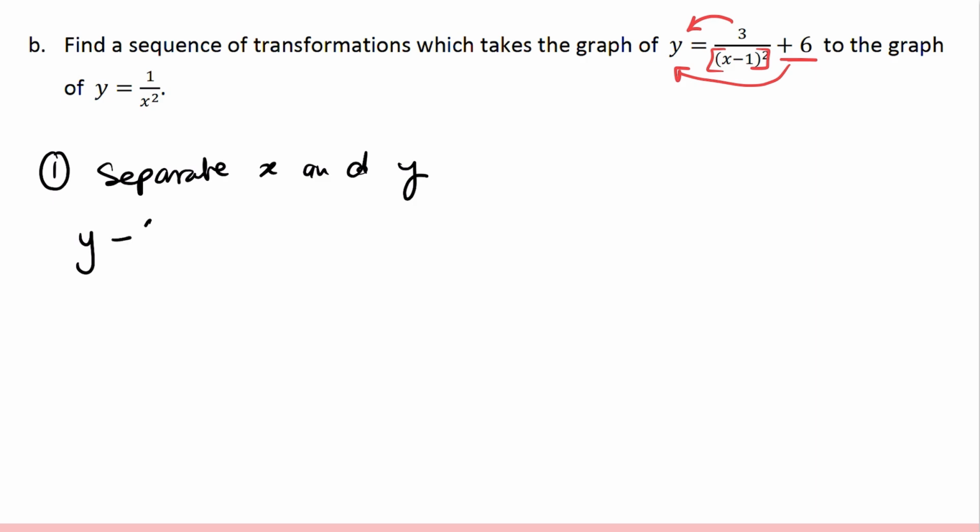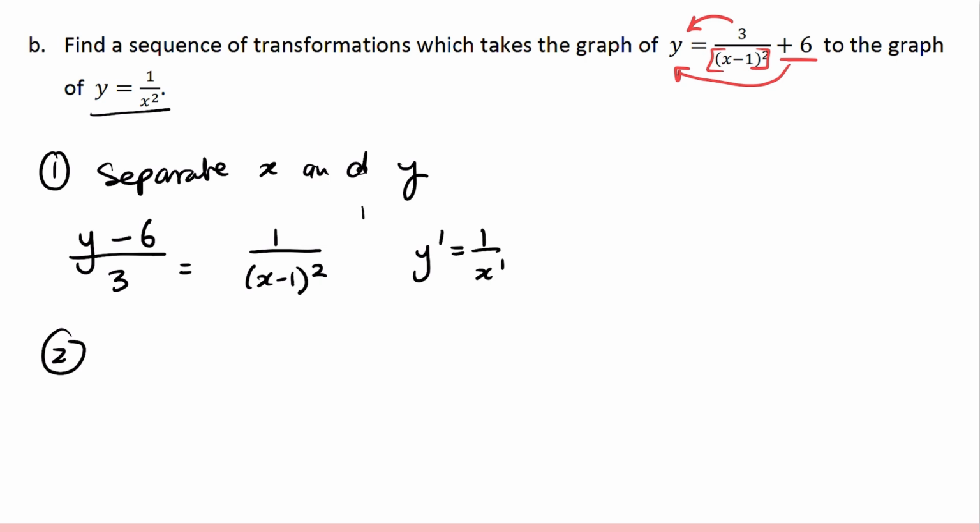So that's y minus 6 divided by 3 is equal to 1 x minus 1 squared. So that's now been separated, all the y's on one side, all the x's on the other. Step 2, oh, actually, I should also write down my new function, which is this one. Okay, step 2 is to equate.